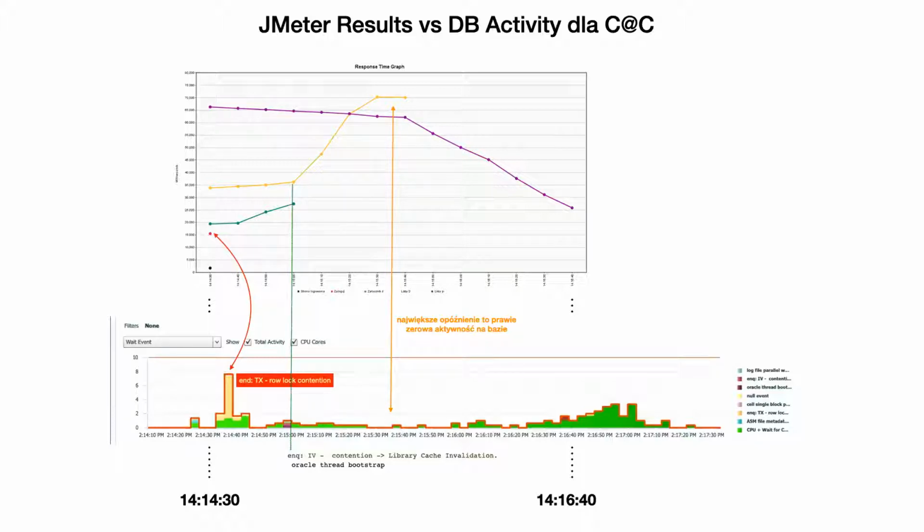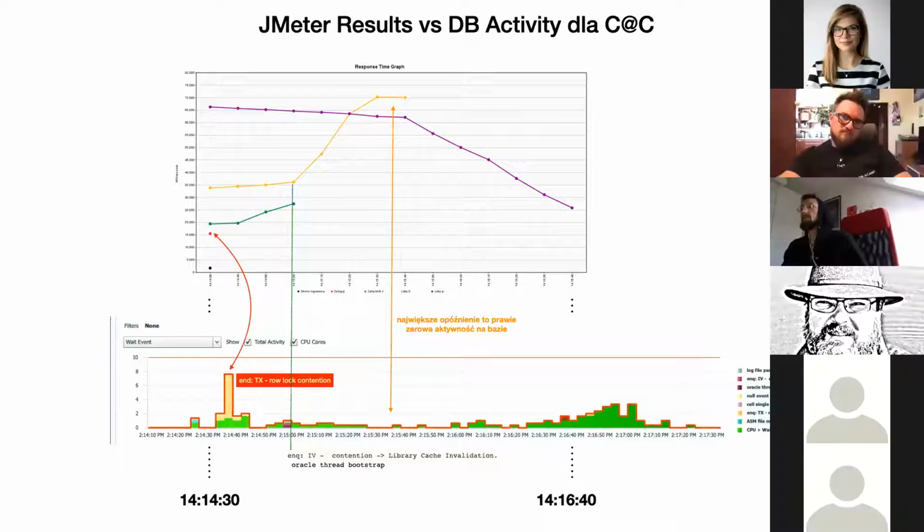What you can see on that slide is the JMeter results from the CC side, and on the bottom of the slide, you can see the active session history from Performance Hub from the database. They are correlated in time, so they fit each other.